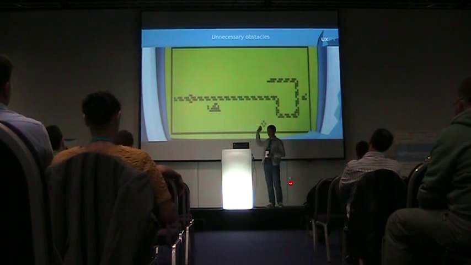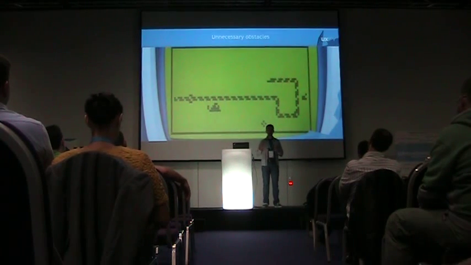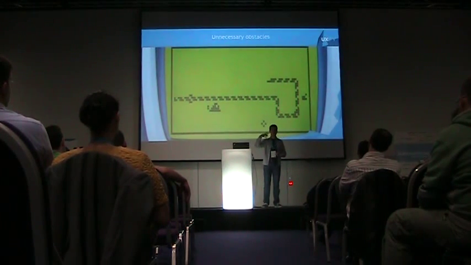You all know the famous game of Snake, and it's a game that actually would be quite simple if the snake was just moving around the obstacles. But they decided to introduce this unnecessary obstacle that appeared at a certain point, which was an apple. An apple that gave you points after you ate it, but an apple that also made the snake longer, so it's more difficult to navigate it afterwards.